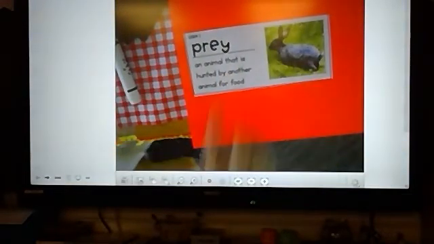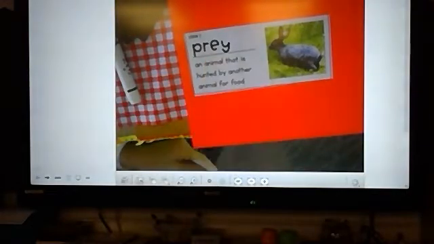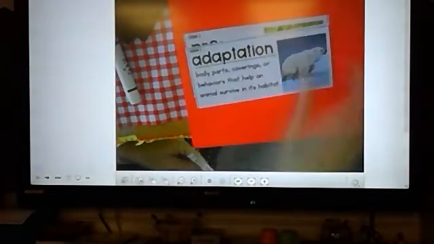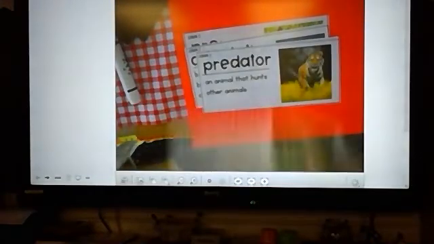Prey, not P-R-A-Y like we do here in the classroom, it's P-R-E-Y. Adaptation, predator, and camouflage. So be looking for those words as we start off the second lesson in our new unit.